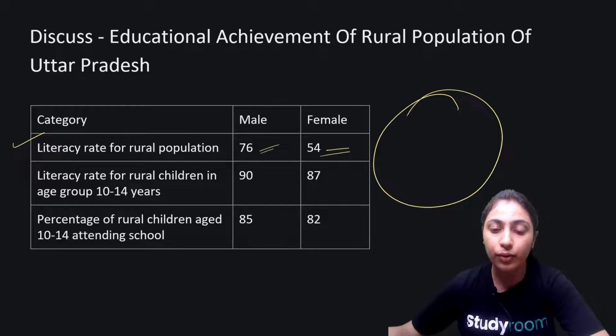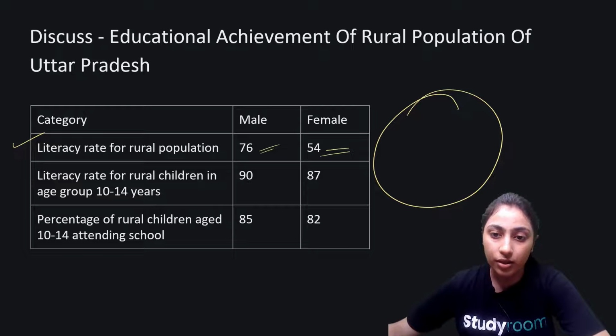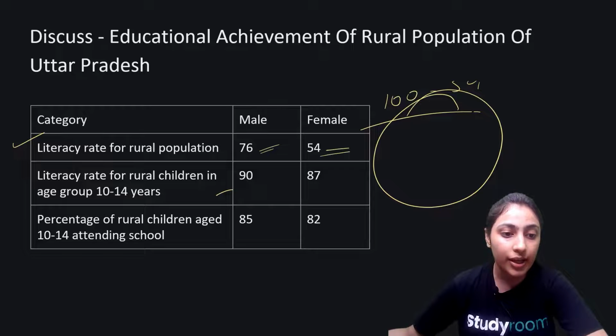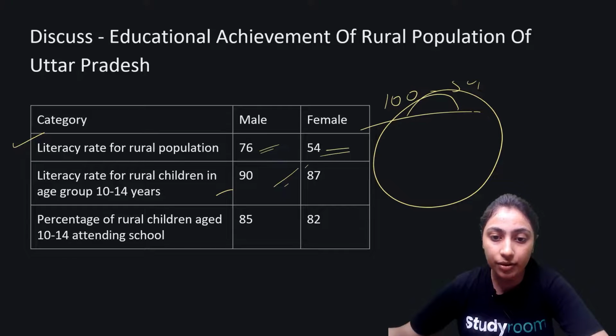If the question comes how many females are not educated, you'll obviously do the subtraction, right? Next, they are asking the literacy rate for rural children in the age group of 10 to 14 years. In that, male is 90%, female is 87%.